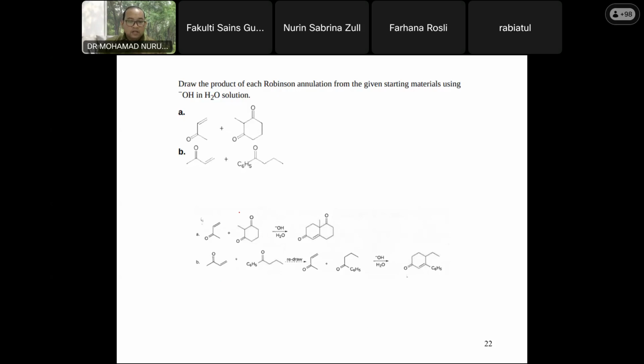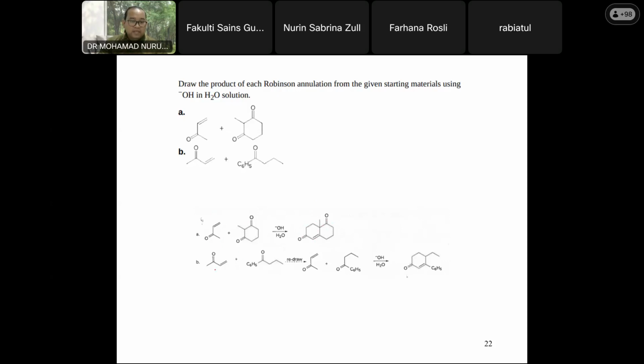Again, by referring to the lecture notes that are given to you, you have to rearrange the alpha beta unsaturated ketone and enolates into these arrangements to help you to synthesize the six-member rings. Okay, this one is the first product, which is formed by Robinson annulation reaction.